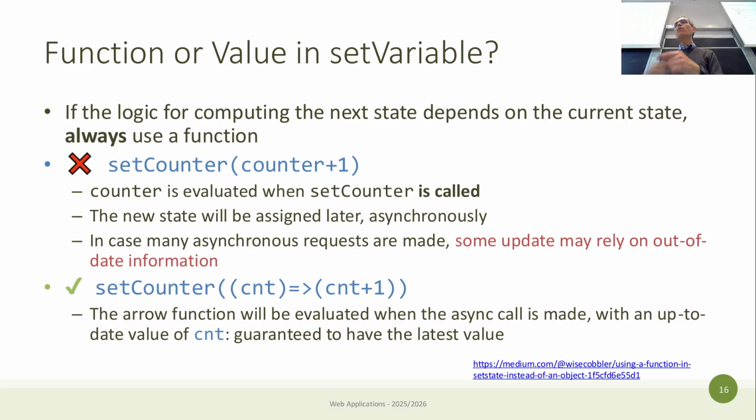And some of the set states will be queued by React. So the event handler will run, and you will do set counter with counter plus 1, but counter has not been updated yet by React. So you lose some updates, some +1, okay?